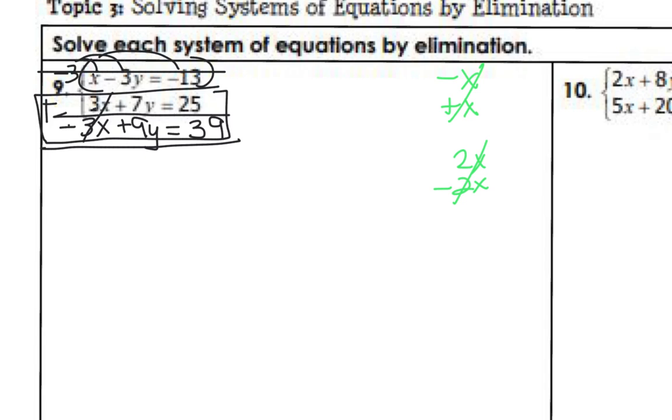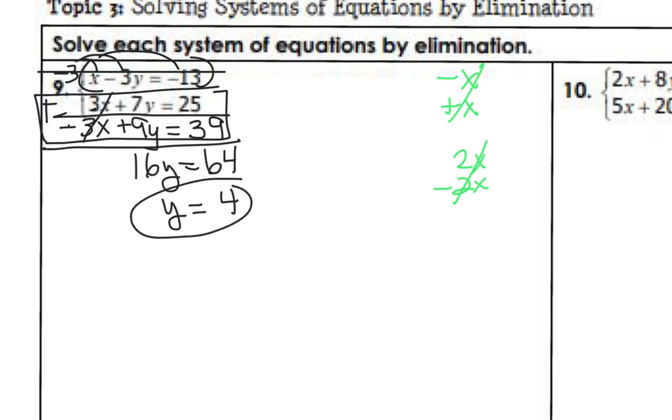So now 7y plus 9y is 16y equals 25 plus 39 is 64. So y, when I divide, y equals 4. Now I can go back and plug in 4 for y in either one of my equations.